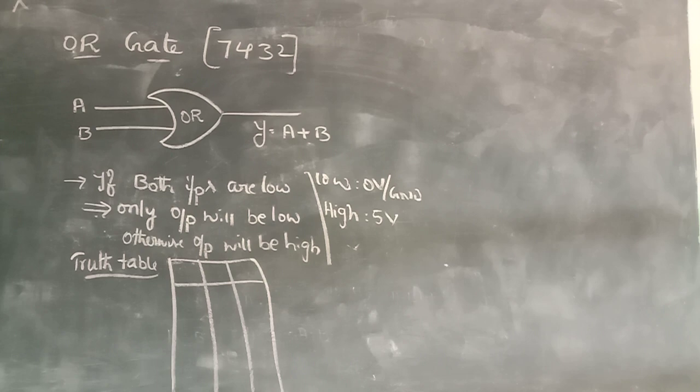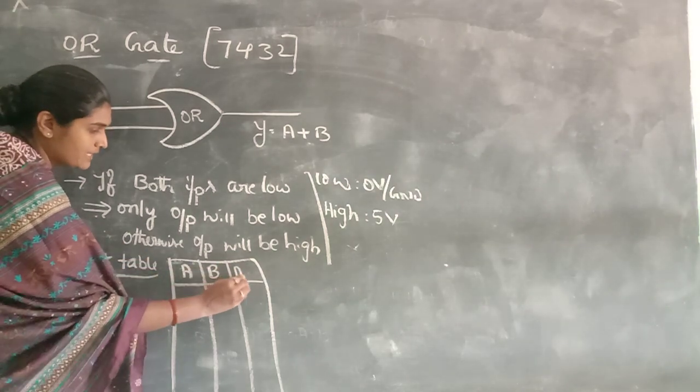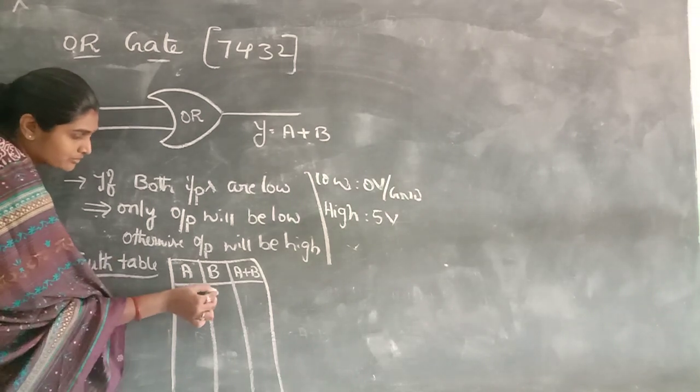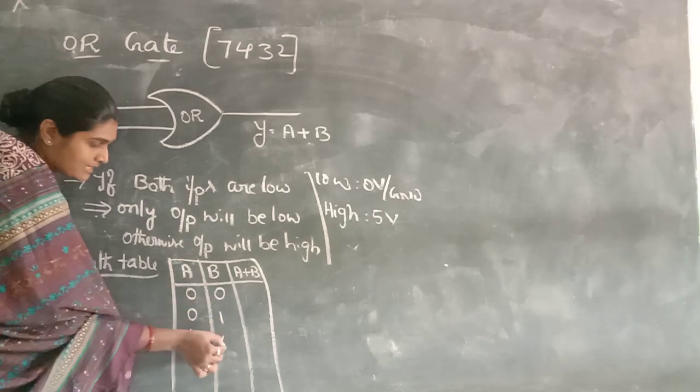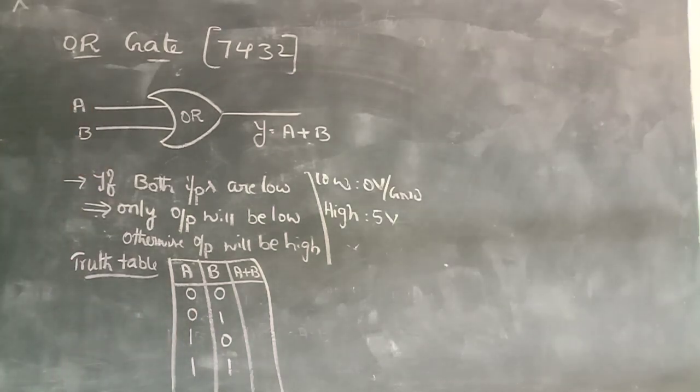It consists of two inputs, named A and B. Output is A plus B. Here, with two inputs, how many possibilities are there? 4, that is 2 squared. 00, 01, 10, 11. Like this, the possibilities of input for the OR gate are 4 ways.